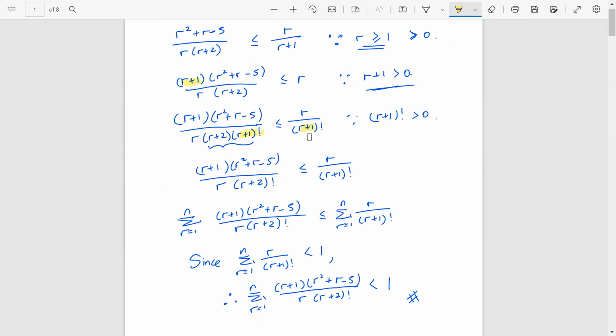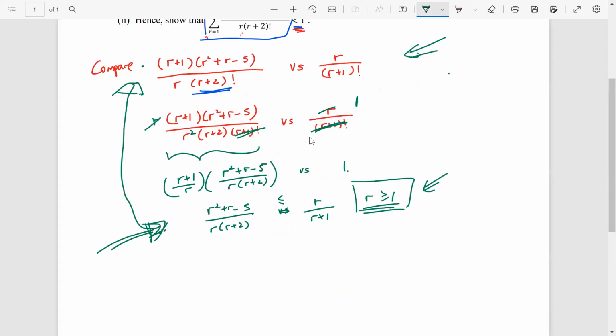Okay, if you realize this is actually working backwards from here. We started from this one. Okay, let me erase this part. We started with this, and then we work backwards. I can work backwards to r squared here, just that I didn't want to change the r over. So I changed a little bit.